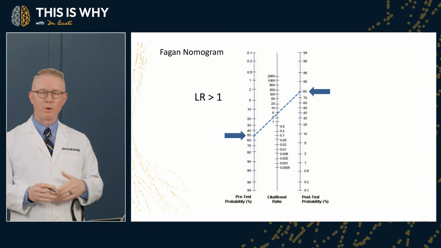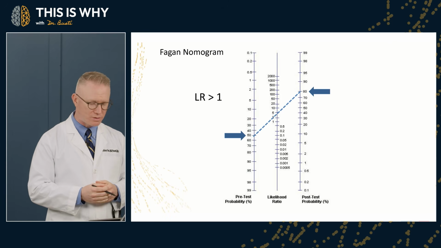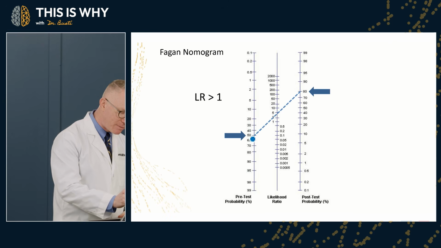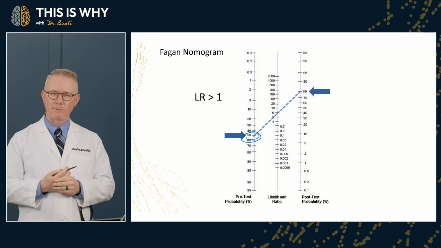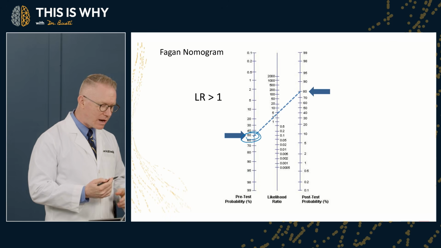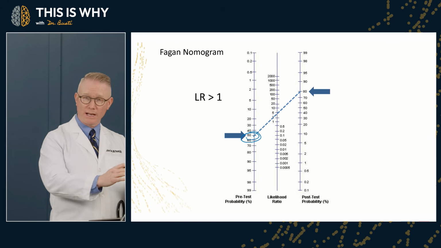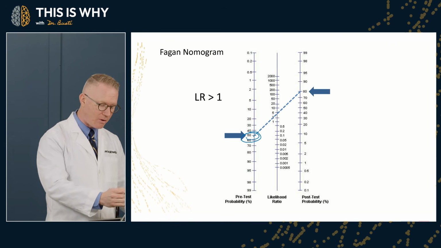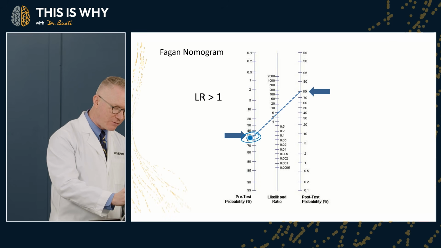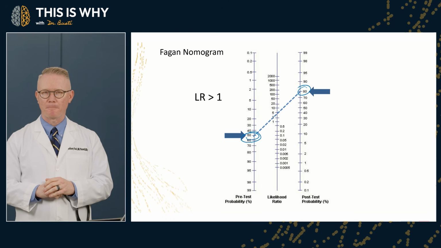So this is an example where the likelihood ratio is greater than 1 and what the nomogram shows us. So if our pretest probability of concern is, let's say 50%, and our likelihood ratio is greater than 1, I didn't give you exactly which one it was, so you have to pick the number on this scale. But you can see it went from 50 to now 80% post-test probability.